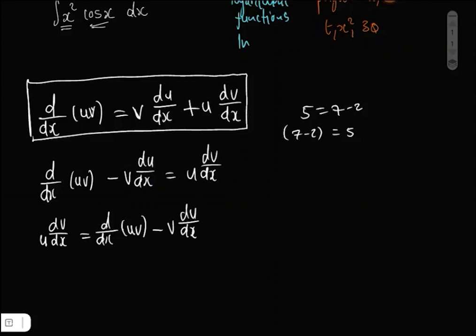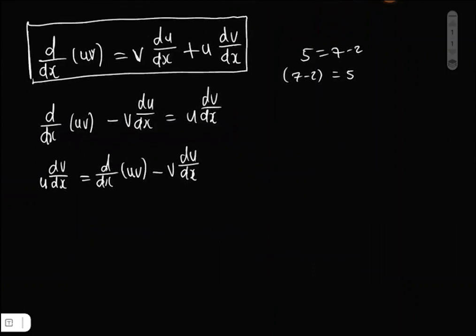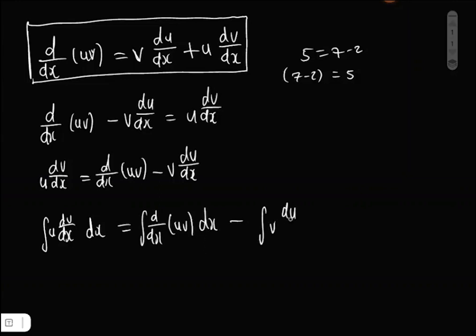Now from here, we take the integral of everything with respect to x. So it would be the integral of u dv dx, and integral has to be with respect to something, so we are taking it with respect to x, equal to the integral of d dx of uv with respect to x, minus the integral of v du dx with respect to x.